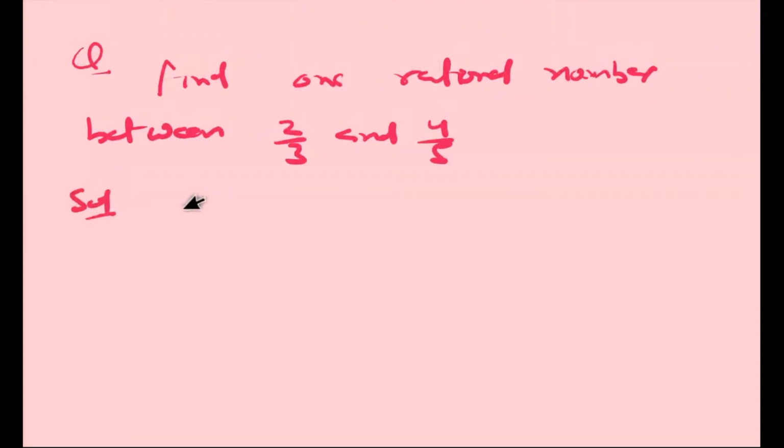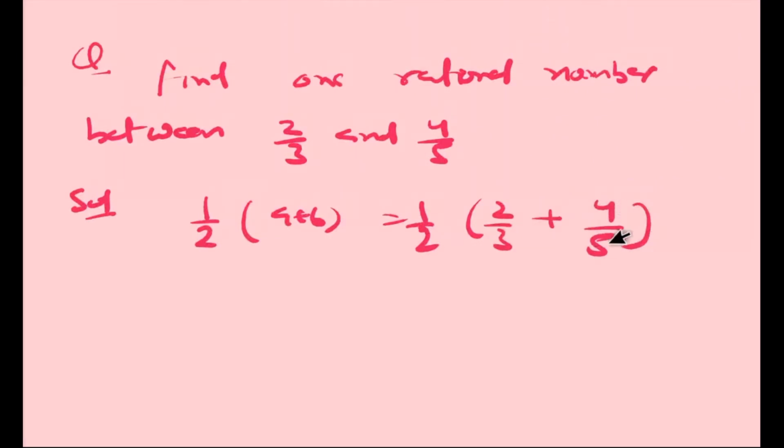Solution is 1 by 2 (a plus b), that is 1 by 2 into (2 by 3 plus 4 by 5). In previous lessons we already learned how to add here.